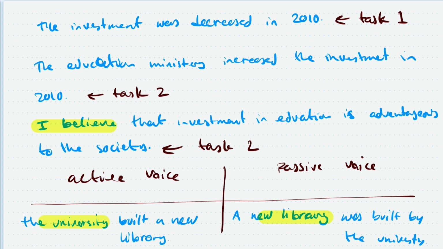So maybe you're saying a new library was built by the university, and then a lot of students started using it, and so on and so forth. When it's about the library, it makes it a lot more cohesive. So that's essentially the lesson for this video.